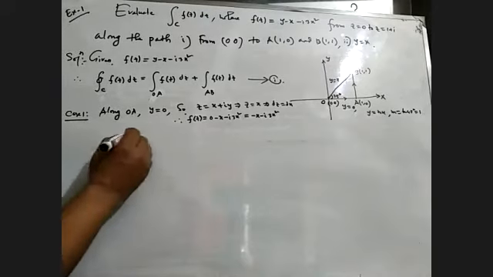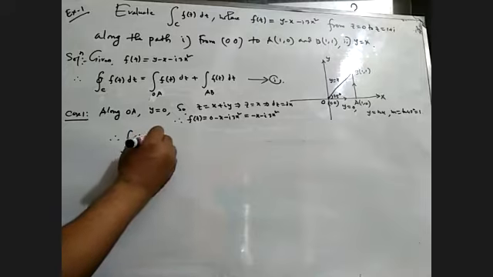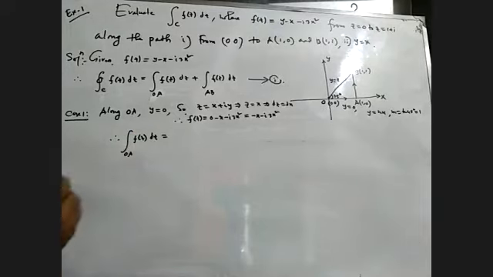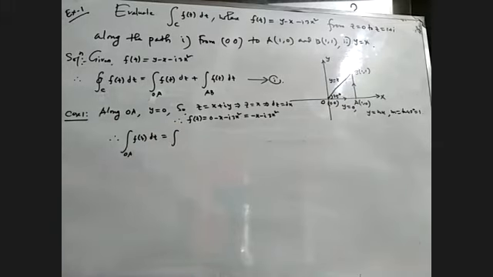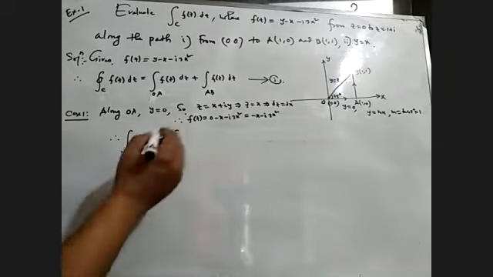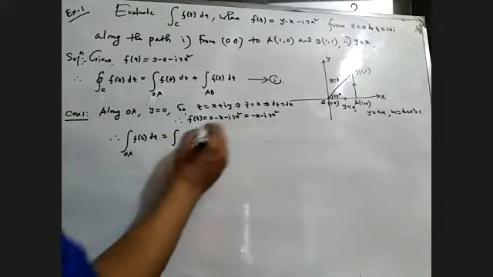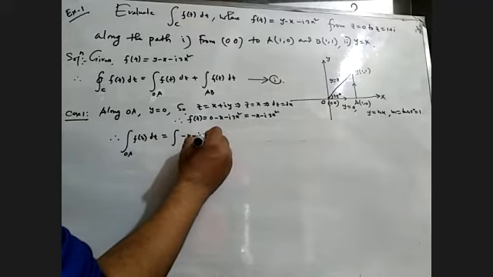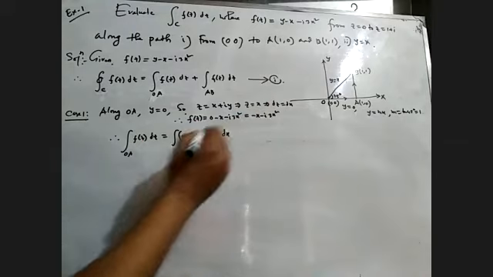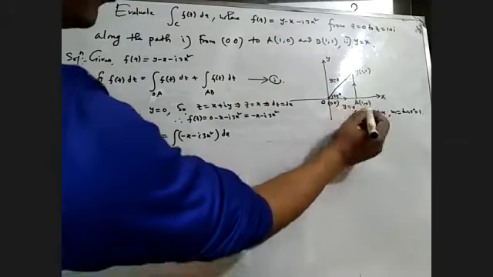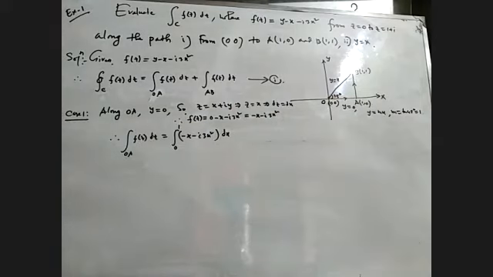Therefore the contour integration along OA of f of z dz: f of z equals minus x minus i 3x square, and dz equals dx. Now the x limit along the path is 0 to 1.